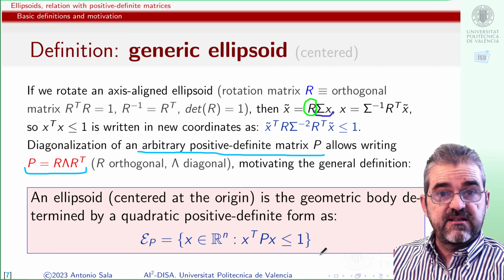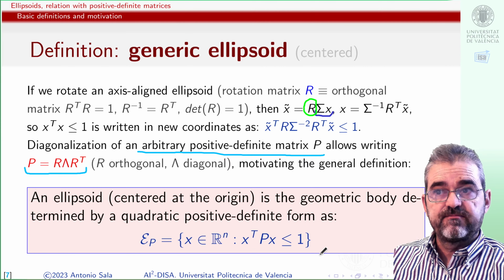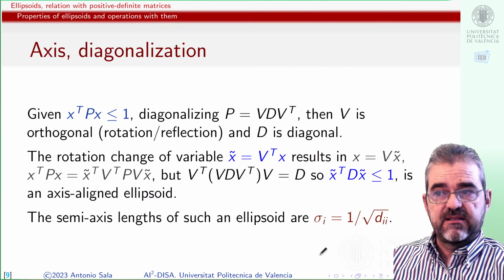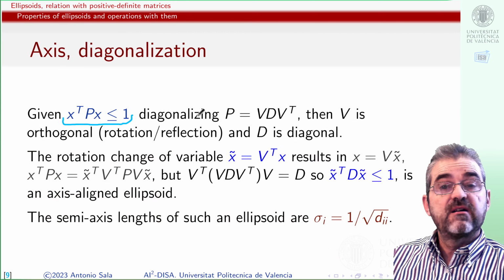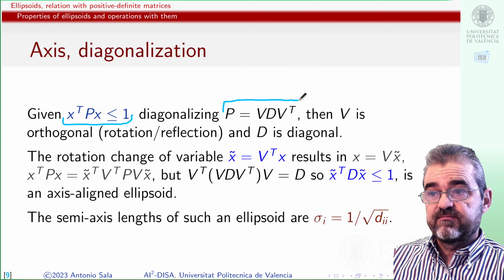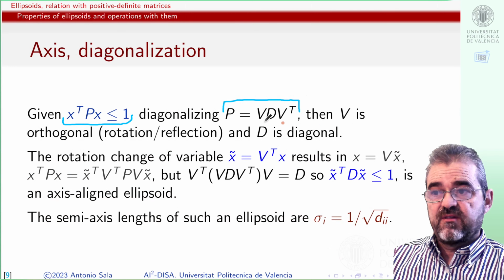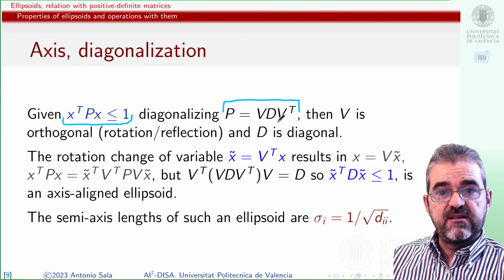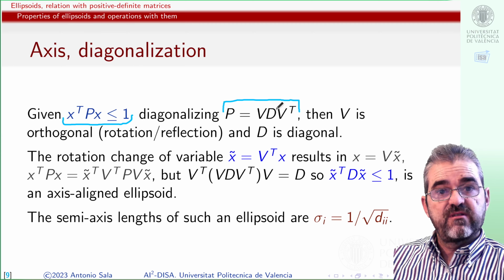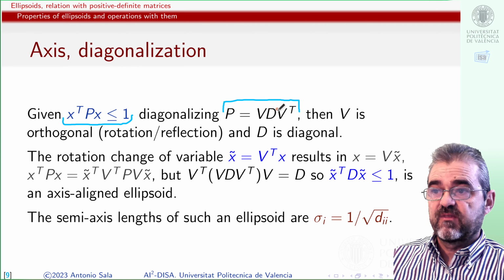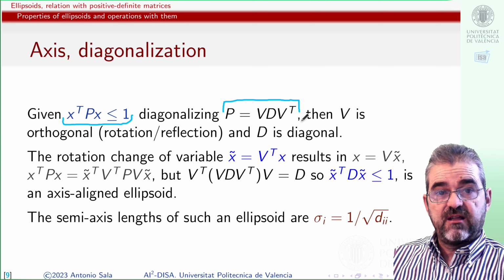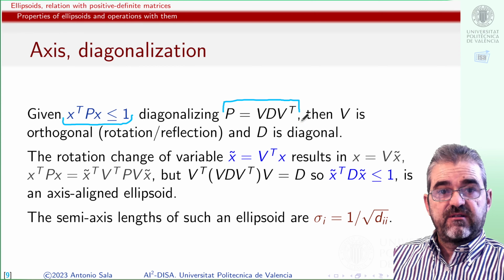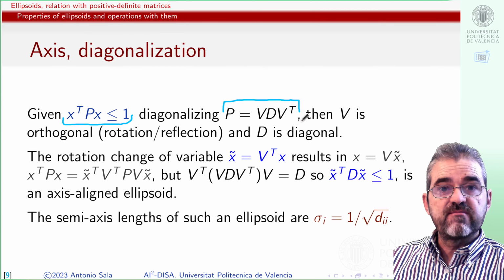In fact, as this diagonalization is important, we'll insist on it. If I have any arbitrary matrix, then diagonalizing it, V being the eigenvectors and D a diagonal matrix with the eigenvalues, I recover the rotation and scaling of the circle that gave rise to the ellipsoid.